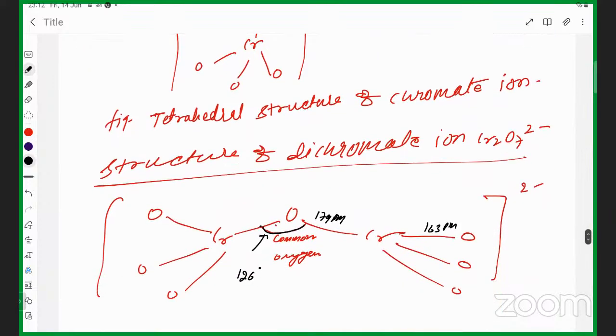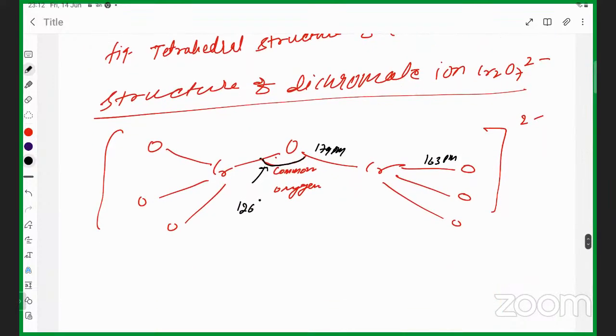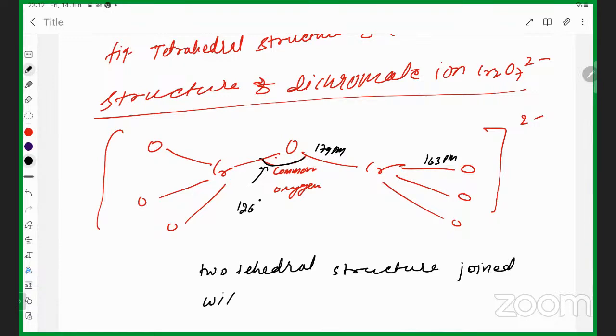Done, sir. So it is called two tetrahedral structures joined with the same oxygen.